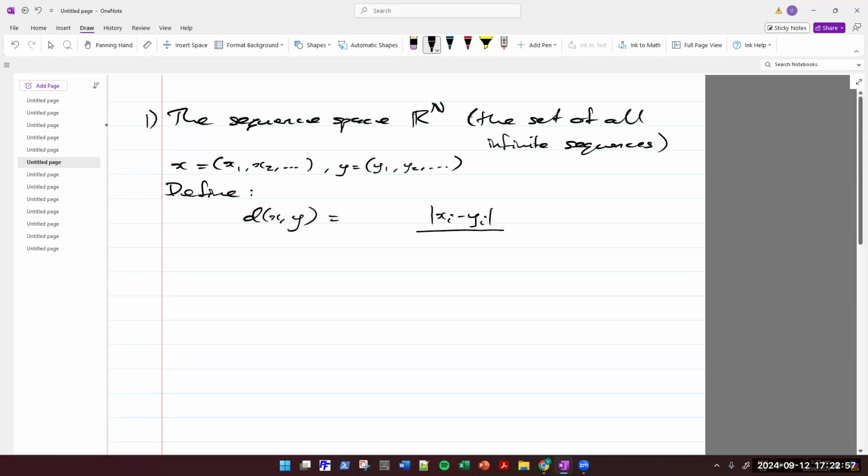Then I'm going to divide this by 1 plus that number. Then I'm going to multiply this by 1 over 2 to the power of I. And I'm going to sum this from I goes from 1 to infinity. Okay, so what we want to show is that this is a metric space.